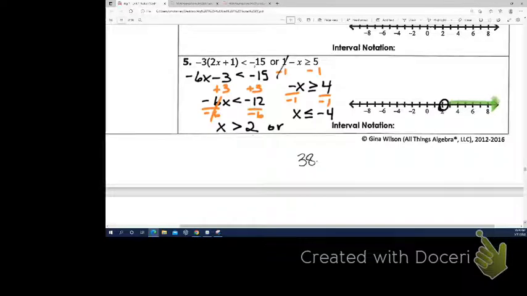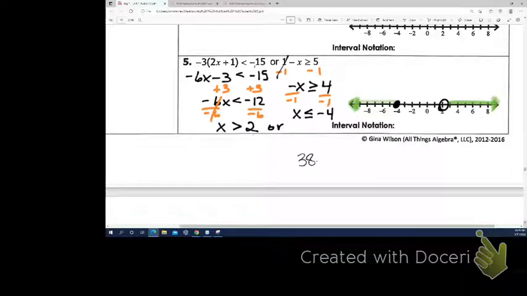So closed circle at -4, and this shading is going to the left. So it's like the inequalities that we've done previously. With an OR situation, there are just 2 of them that share the same number line.